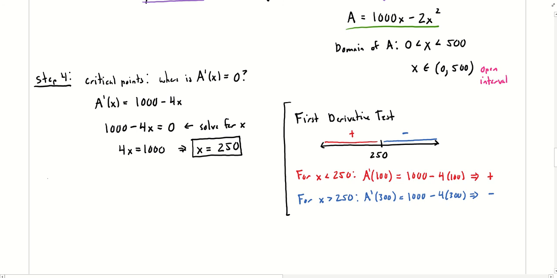So I can say here by the first derivative test, this value of x, 250, is a local maximum, right? Remember, with a local maximum, my first derivative is positive until that point, and then negative afterwards. So this is a local maximum.